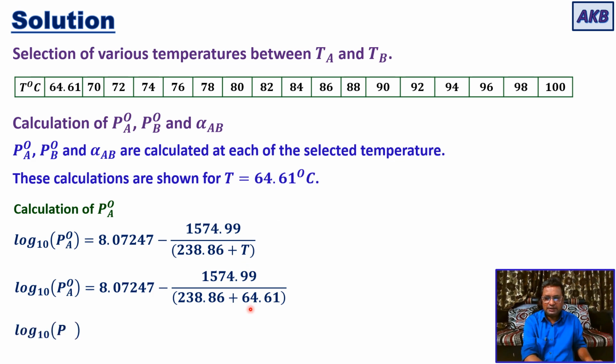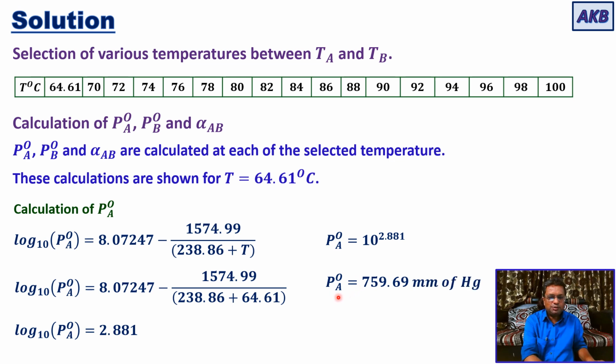So I have done that and simplified it. So I get log to the base 10 of PA naught is equal to 2.881. So if you solve this part of the equation, you get 2.881, which gives us PA naught is equal to 10 to the power 2.881. That gives us PA naught as 759.69 mm of Hg, which is almost 760 mm of Hg.